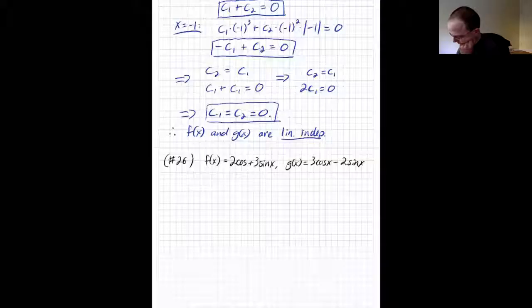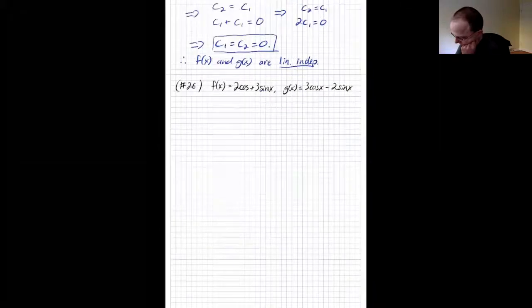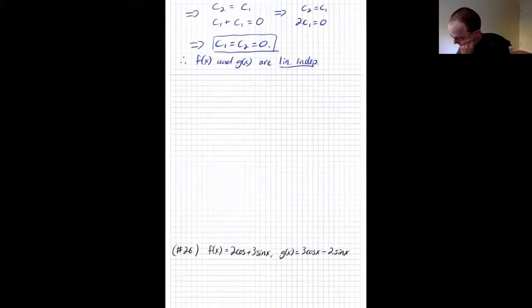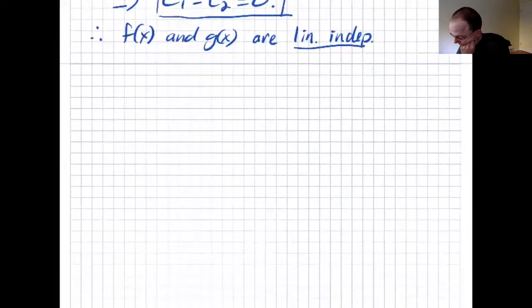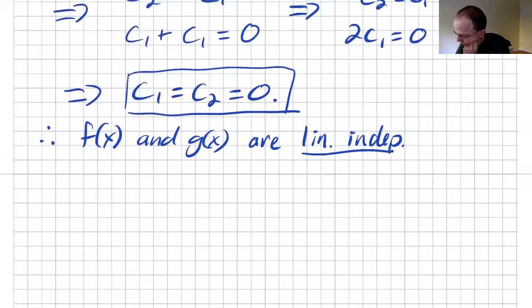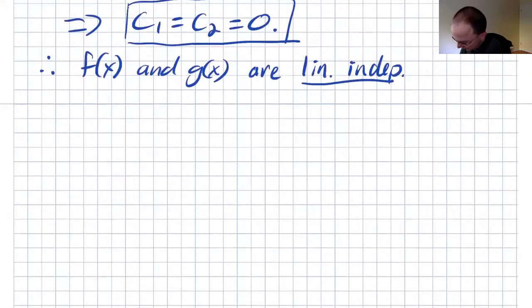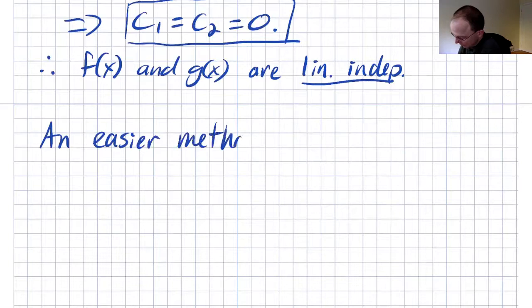Let's see, I'm going to move this down here. So this is probably familiar. You've probably seen this before. So let's just say another, maybe I would say it's an easier method using the determinant.